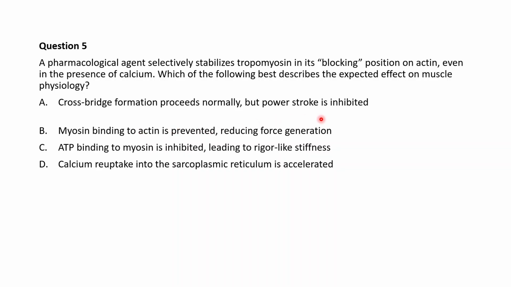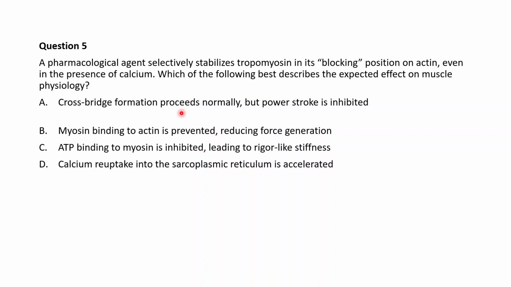So regardless of everything that's needed, everything that's present, if we block any one of those basic steps, then the power stroke will not occur and forces will not be produced.